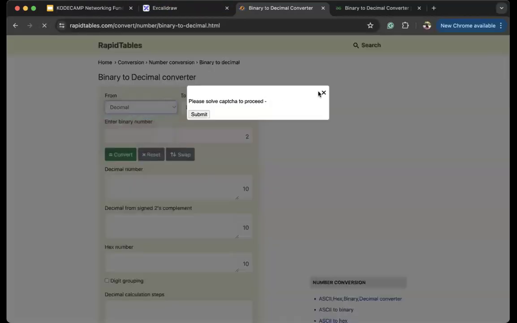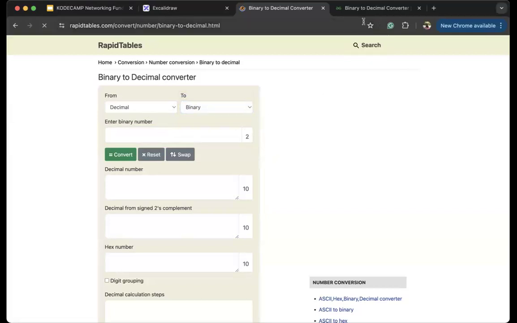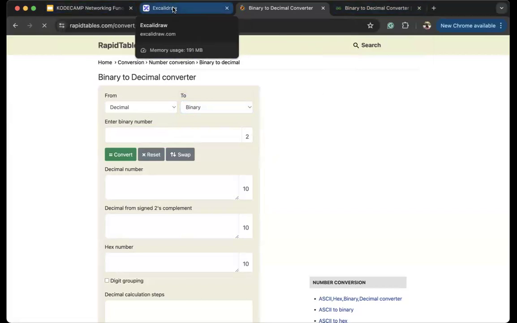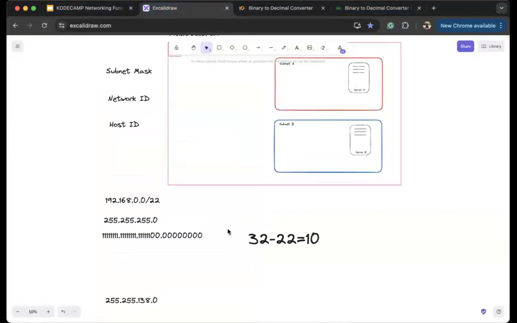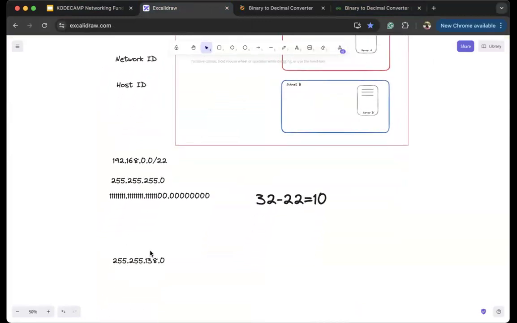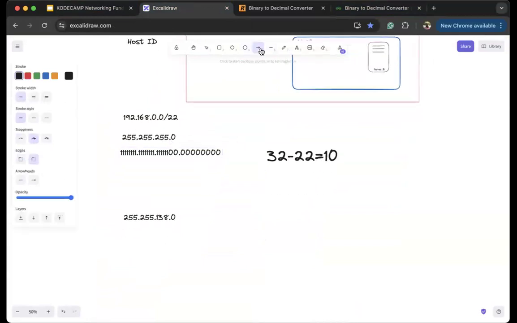that's one decimal here. Switch this to change to 10. Let's move on. So we have 255 here. If I convert 255 to binary, I will get this number here, right?